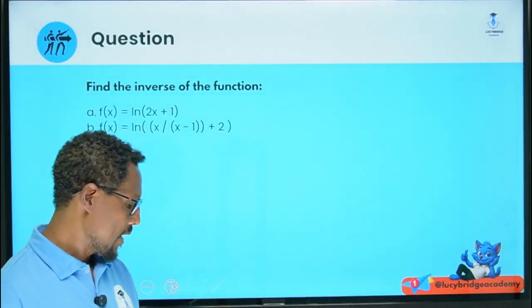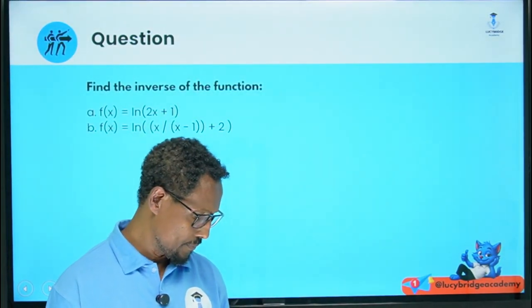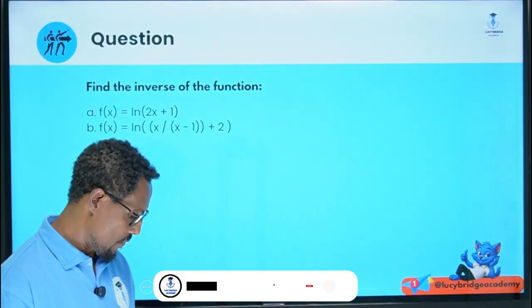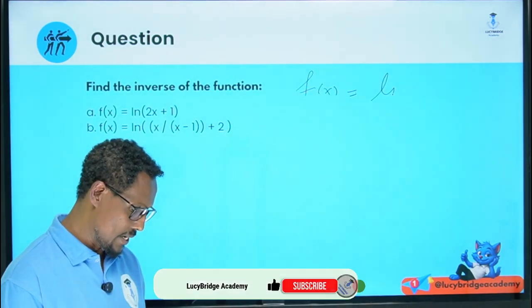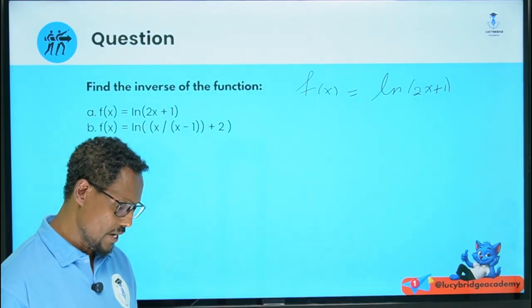Okay, find the inverse of the function. Let me find a first. f of x is equal to ln of 2x plus 1.